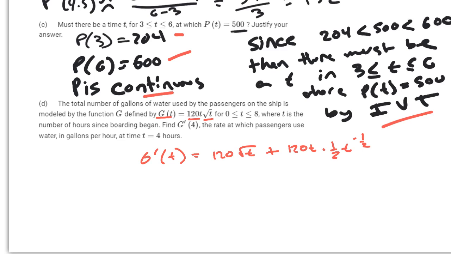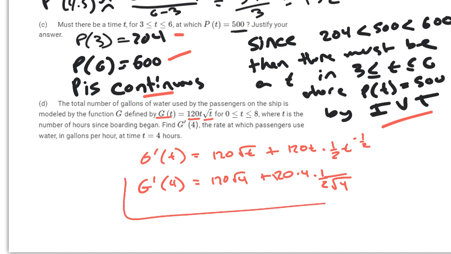And no chain rule, so we're good there. So then G prime of 4 would be 120 root 4 plus 120 times 4 times 1/2, and on the bottom of that 1/2 is square root of 4.